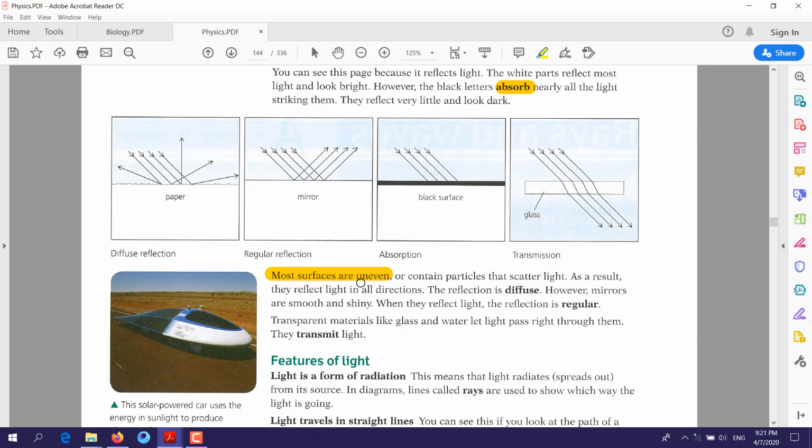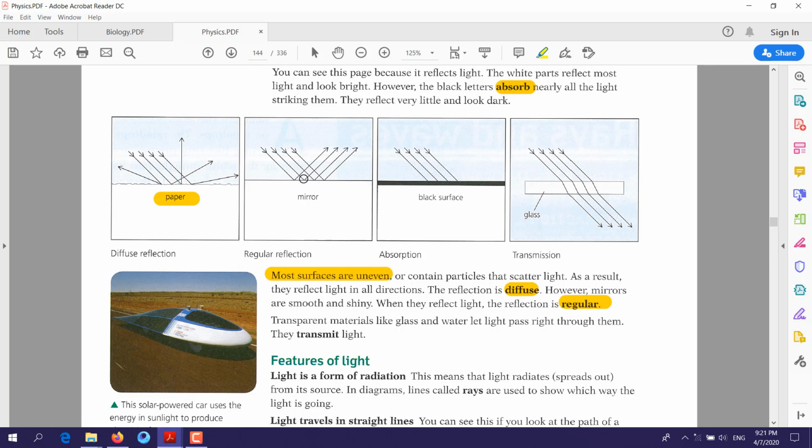As a result, these surfaces reflect light in all directions. The reflection is diffuse. However, mirrors are smooth and shiny. When they reflect light, the reflection is regular.